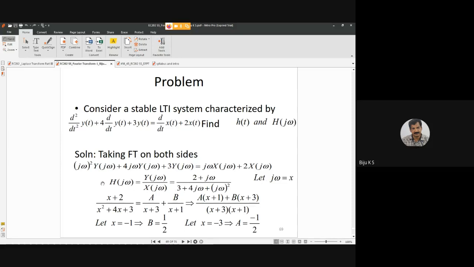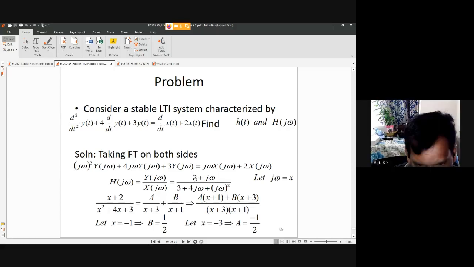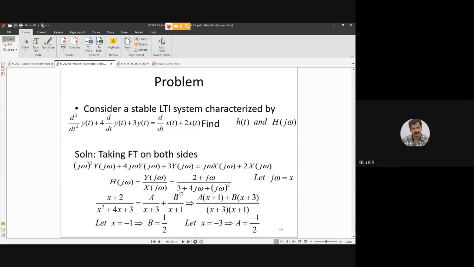Similarly, the angle of H(j omega) we can obtain by tan inverse of the imaginary over real. For the numerator, it is tan inverse of omega by 2. For the denominator, it is tan inverse of 4 omega by (3 minus omega square).